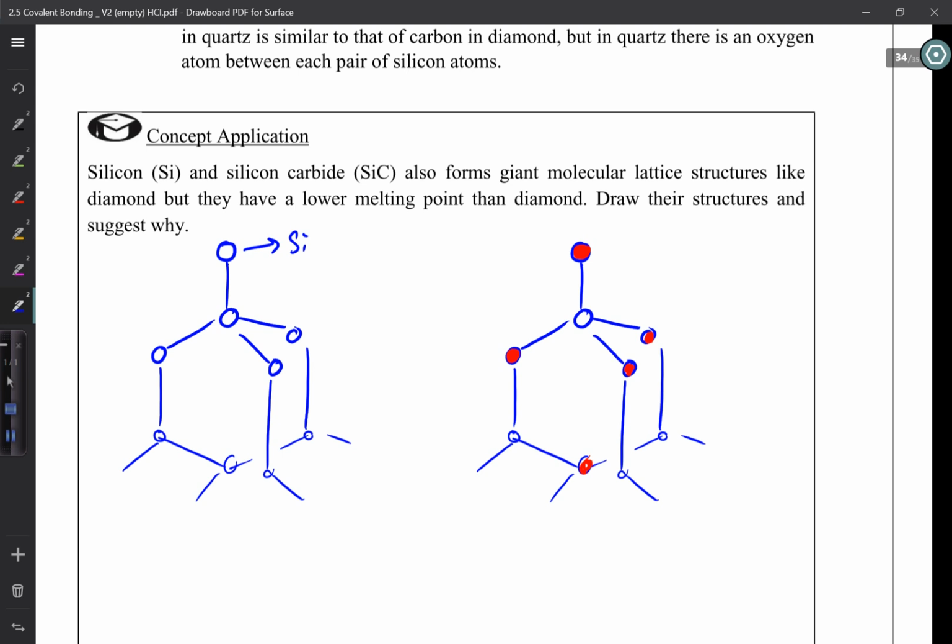Do you break van der Waals forces? No. Then what do you break? Covalent bonds.